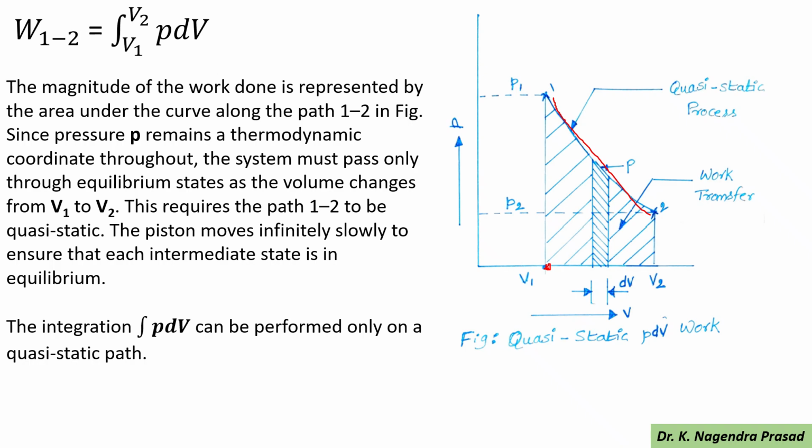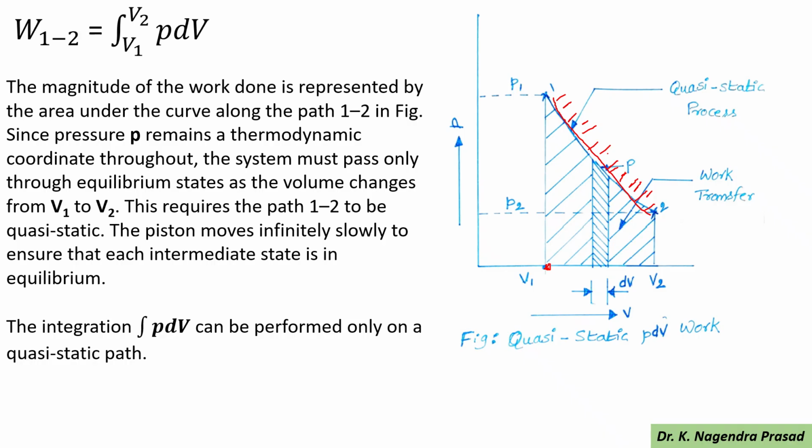So the piston moves infinitely slowly to ensure that each intermediate state is in equilibrium. While the piston moves from 1 to 2, all the intermediate states are equilibrium states and the path 1 to 2 is quasi-static.